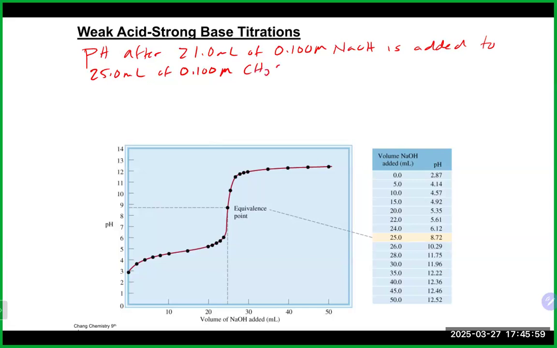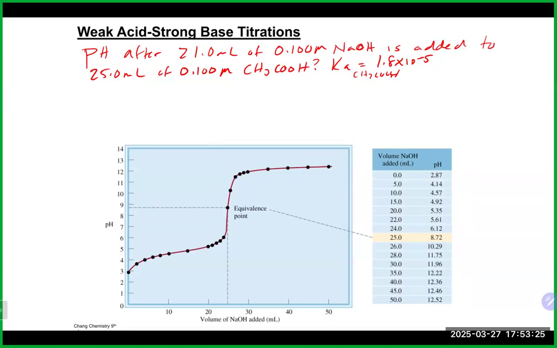I'll go with that. Ka value for acetic acid, everybody's favorite number, 1.8 times 10 to the minus 5. All right, so give it a go. I'll do it as well.